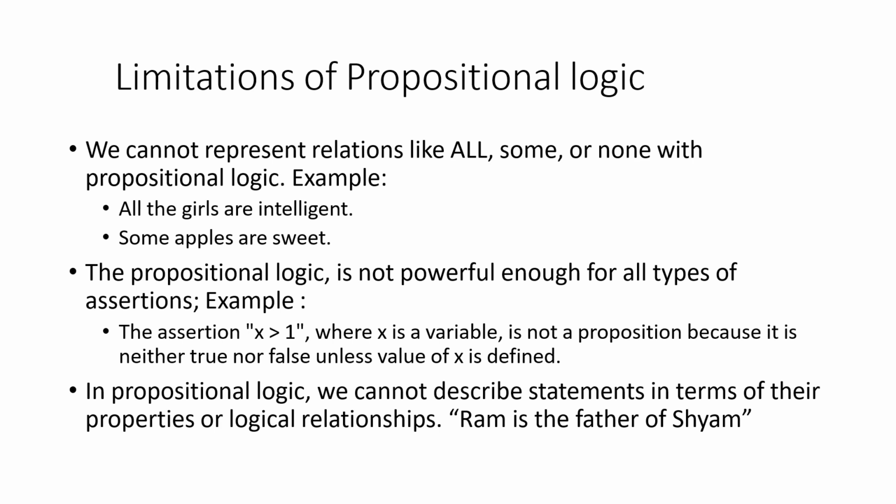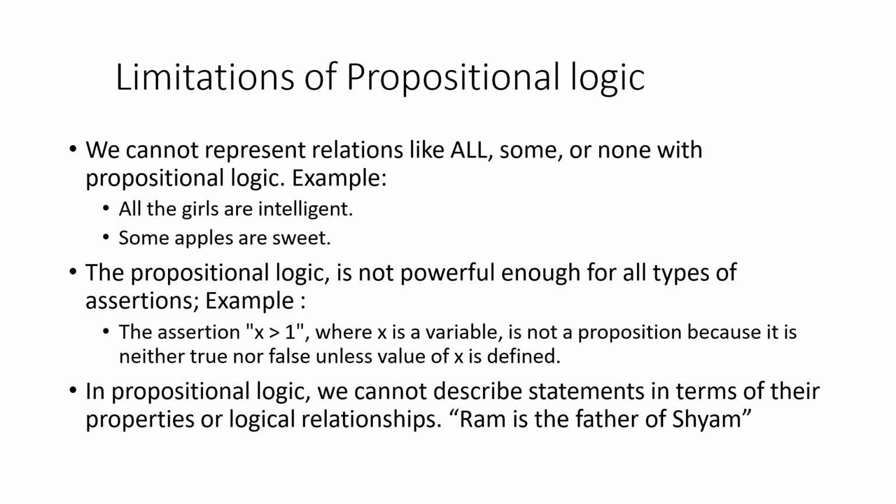And then the next point is it cannot represent properties and relationships. An example is given: Ram is the father of Shyam. This is a sentence that expresses a relationship between two objects. Propositional logic cannot represent such relations. Here it will just take it as Ram father Shyam, one symbol.